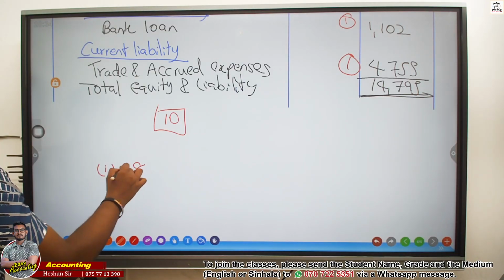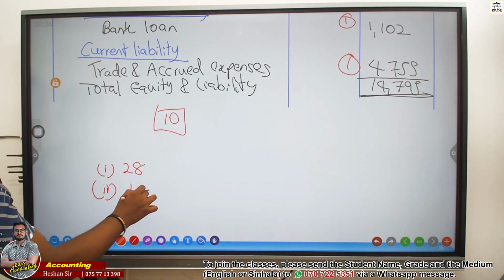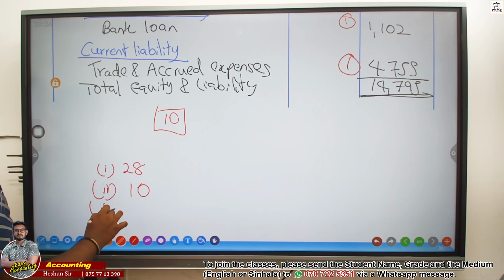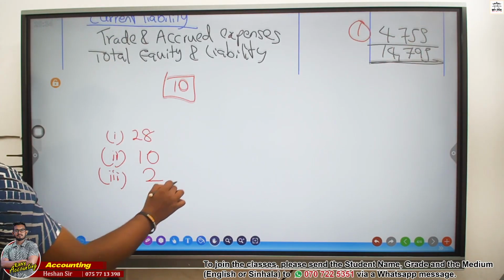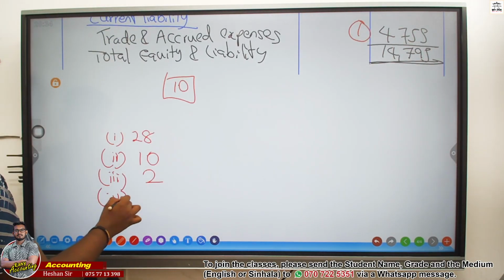So totally you can see, for the Roman number 1, it's 28 marks. Roman number 2, it's 10 marks. Roman number 3, it's 2 marks. Roman number 4, it's 10 marks.